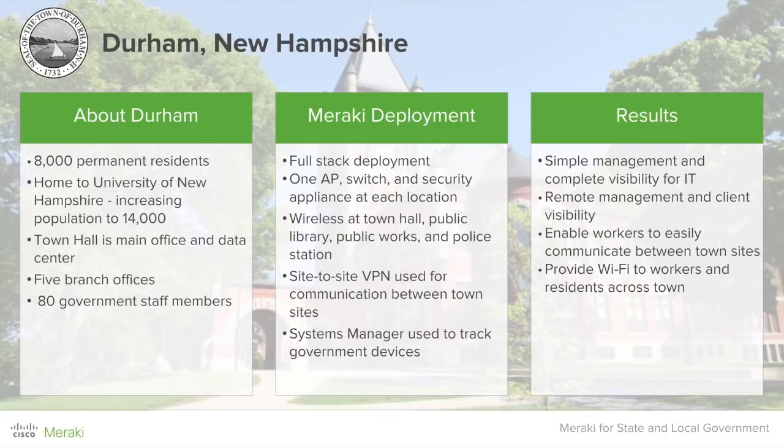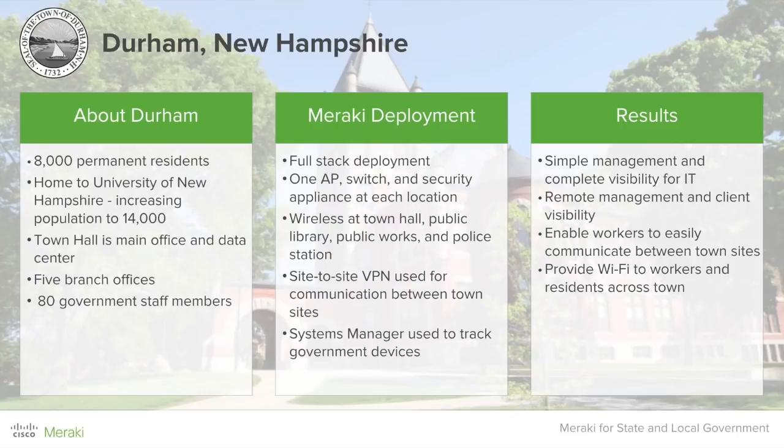But the results here at Durham is that a Cisco Meraki solution gave them simple management and complete visibility, which they weren't able to accomplish in another solution, where they had to go into one interface to get wired traffic information, and wireless, they had to go to another. So this gave them a simple one place where they could go and get complete visibility.